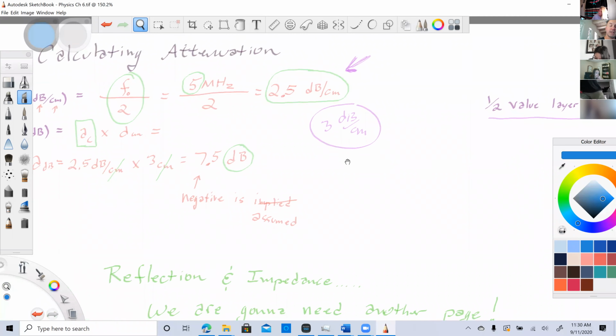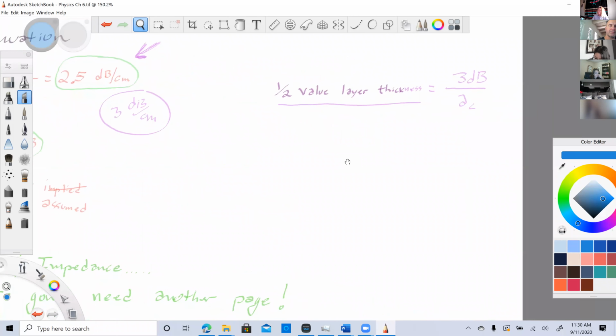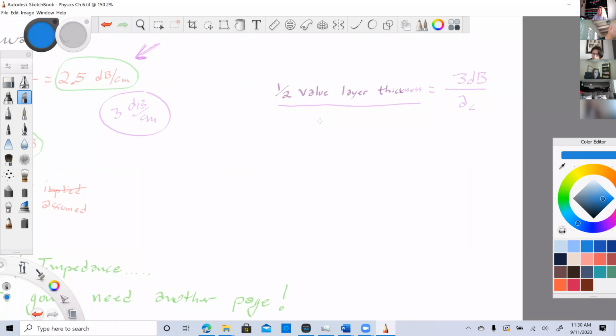Frequency divided by 2 is the attenuation coefficient. So for some odd reason, I decided to use 2. What is the half value layer using a 2 megahertz transducer? 2 megahertz divided by 2. Well, 2 divided by 2 is going to be 1. So 1 decibel per centimeter. It kind of makes sense.